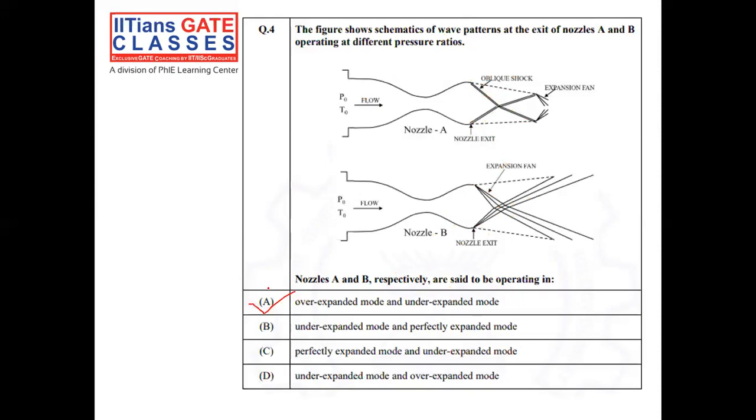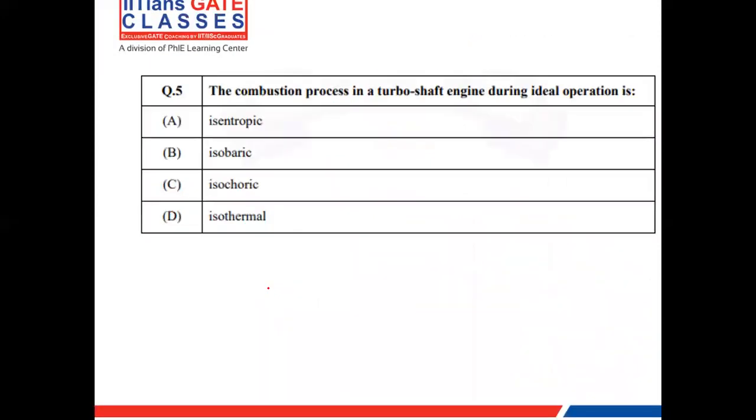Okay. So now let's move to the second question. This is again a 1 mark question, and it is asked that the combustion process in a turboshaft engine during ideal operation is, and then 4 options are there. So in a gas turbine engine, the combustion process in the ideal case always takes place at constant pressure.